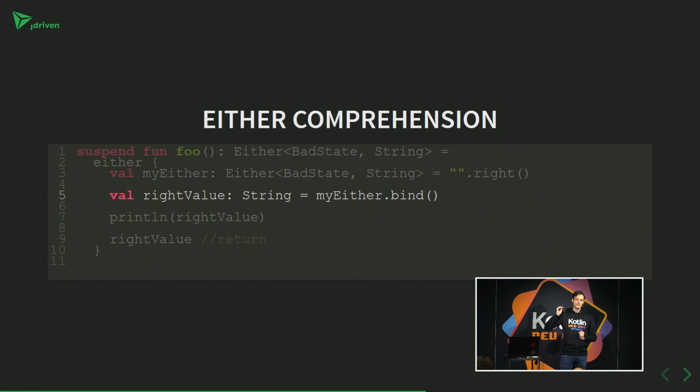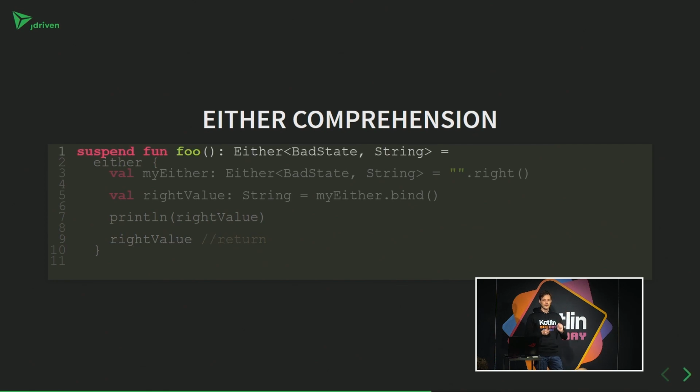But if it was an instance of Left, it would immediately return from this function. So the next line only gets executed if the previous statement went good. So we're back to only having to think about the happy flow. It would immediately short circuit if anything went wrong. And we can return in the end.